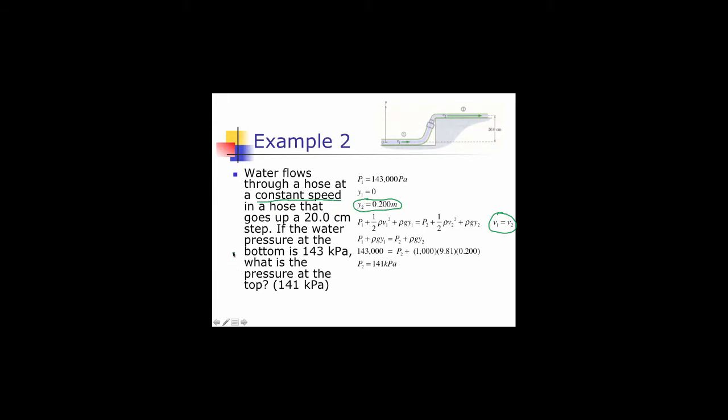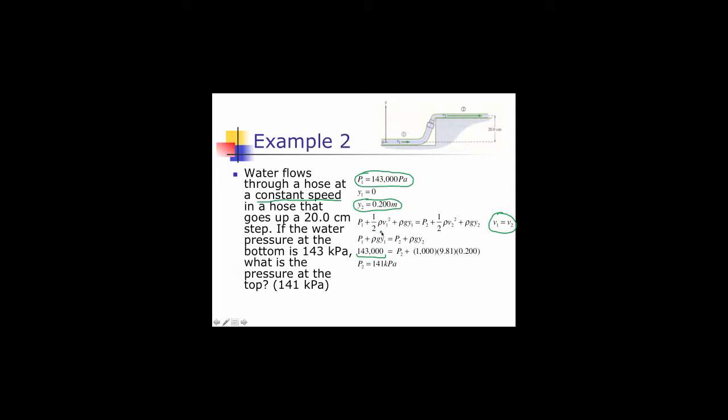I have pressure 1 at 143 kilopascals, which I have to change to pascals in the equation, and I've done that here. And I want to know what the pressure is at the top.